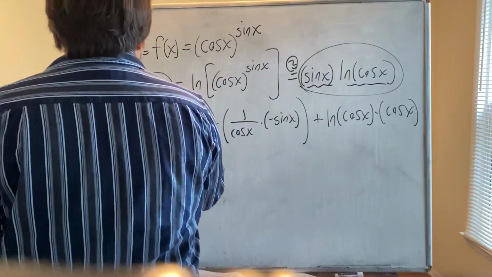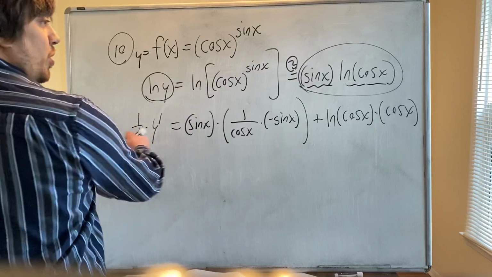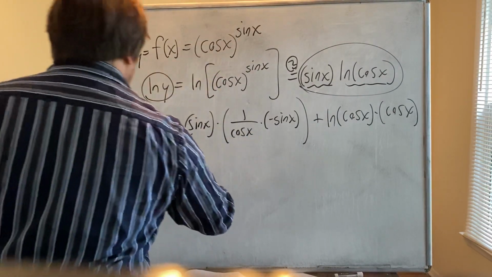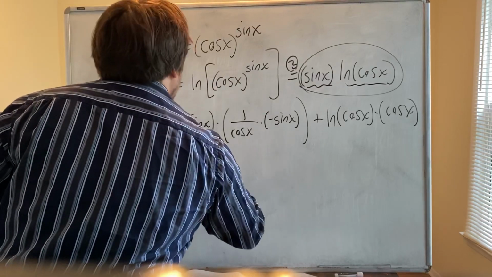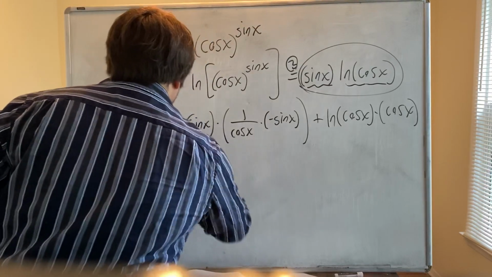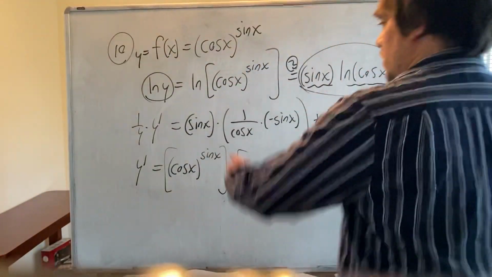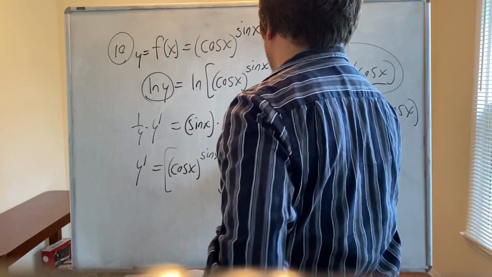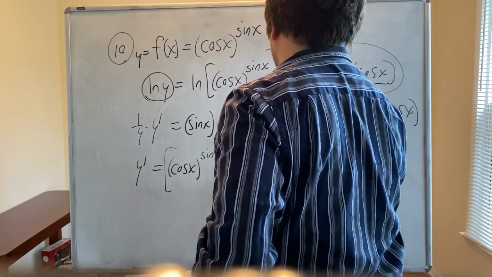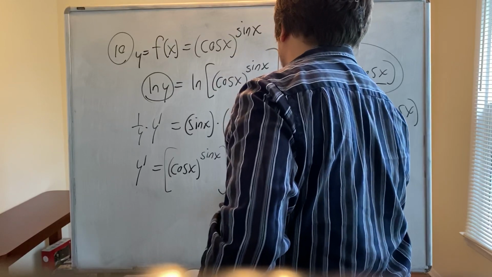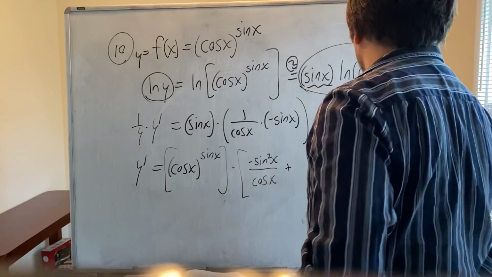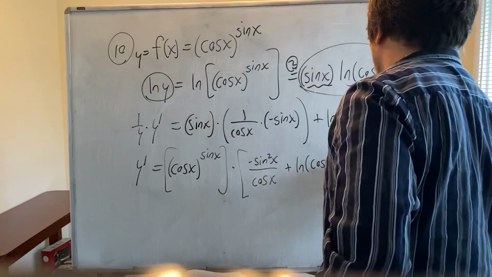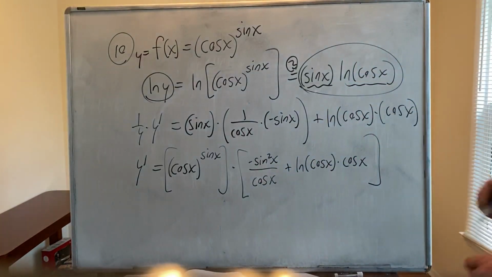So we have 1 over y times y prime is equal to that. If you multiply both sides by y, you're solving for y prime. You get y prime is equal to y, which is cosine x raised to the sine x, times this, which is negative sine squared x over cosine x, plus ln of cosine x times cosine x.